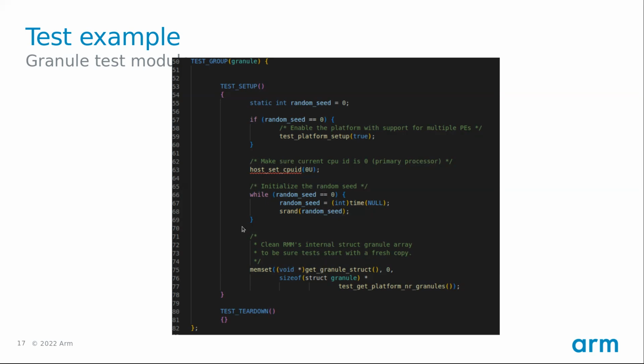We initialize the random seed using the time for that, and that will also be a mark or flag to know that we have already initialized. And then for every test, we make sure that we clean all the granules. And this is all setup, but again, every test can have its own setup. In this case, we don't need to perform any teardowns, so the teardown here is empty.